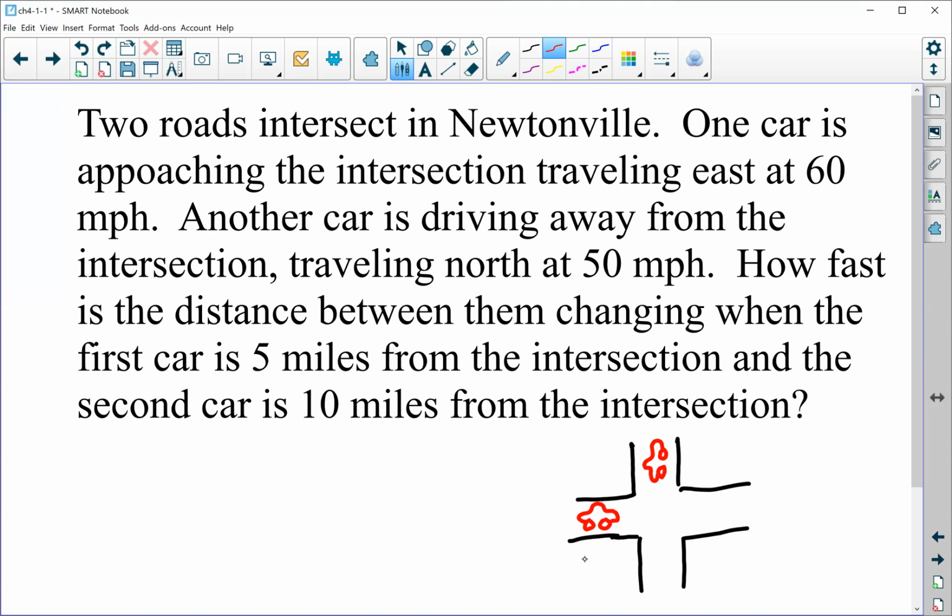This car here, I'm going to call it A. And it's traveling east at 60 miles per hour. This other car I'm going to call B, traveling at 50 miles per hour. So I want to know when this is 5 and this is 10, how fast are they traveling from each other?